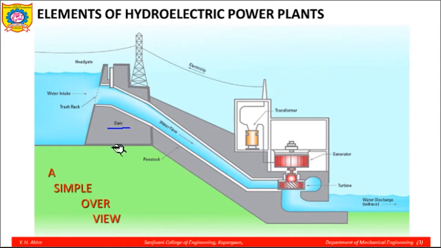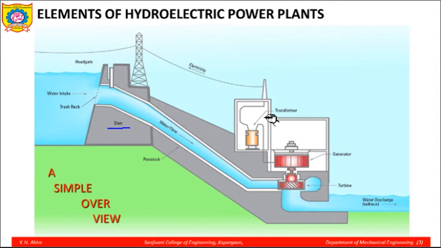A dam is constructed across a river generally to form a very large reservoir of water, okay, which stores millions of liters of water, and this is built at a higher elevation, right, while the water turbine is installed at a lower elevation down the hill.